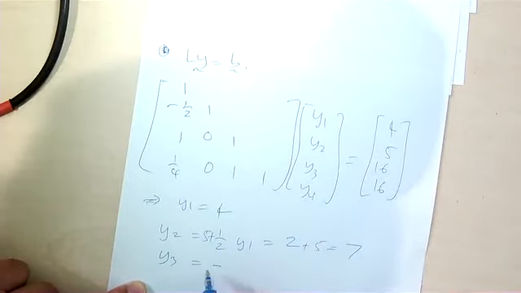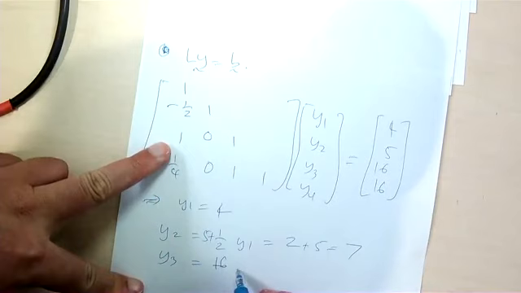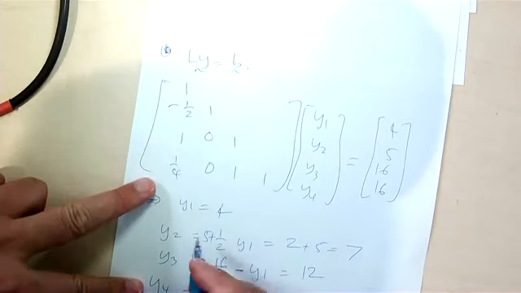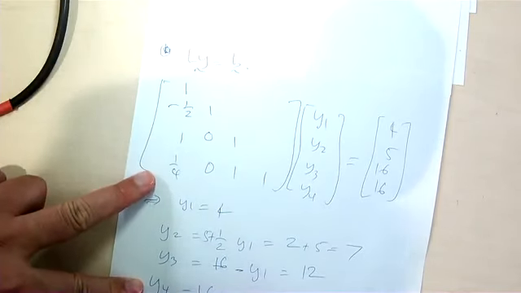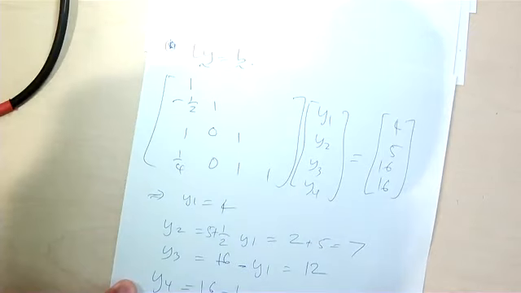And y3 is 16 minus y1, so just 12. And y4 is 16 minus 1 quarter y1 minus y3, from the linear system. So you have 16 minus 4 minus 12, just equal 0.